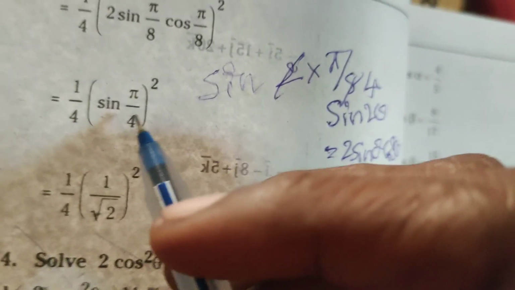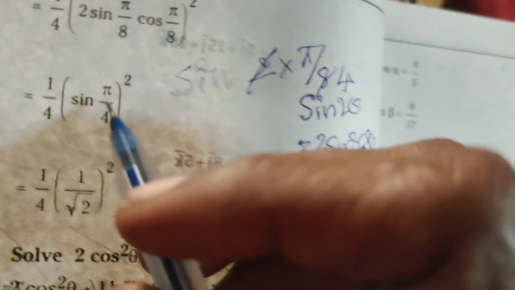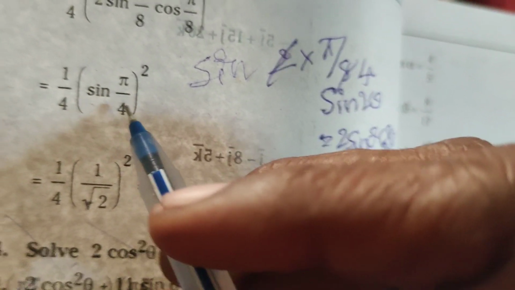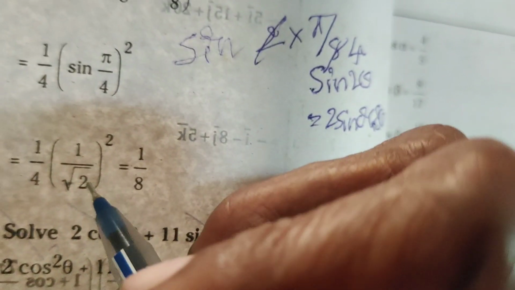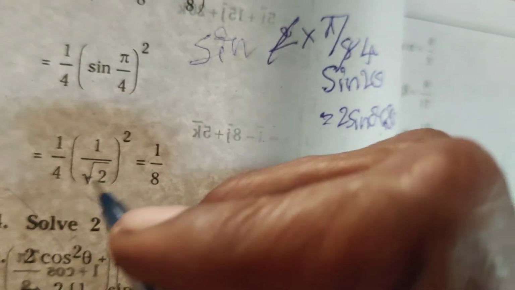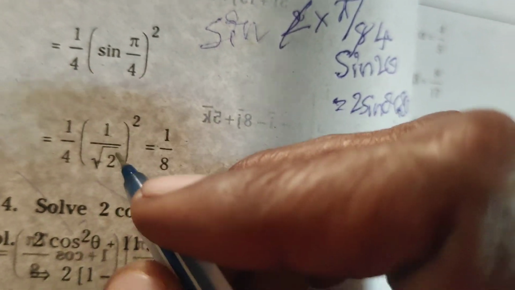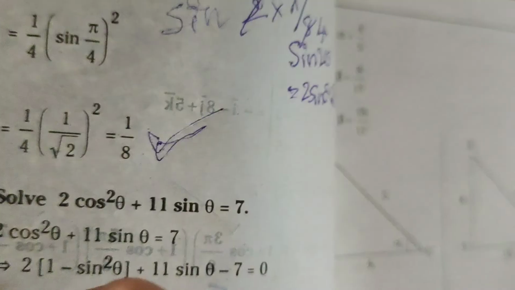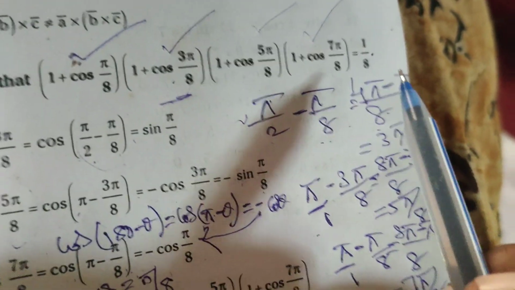What is the value of sin pi by 4? Pi means 180, 180 by 4 is 45 degrees, and sin 45 degrees is 1 by root 2. Therefore 1 by 4 into (1 by root 2) whole square; the square root cancels, leaving 1 by 2, so the answer is 1 by 8. Hence proved. Okay, thank you.